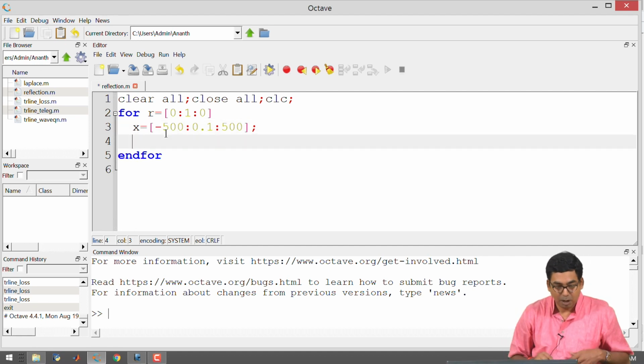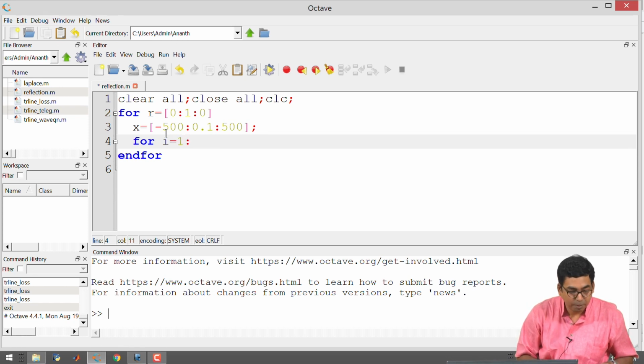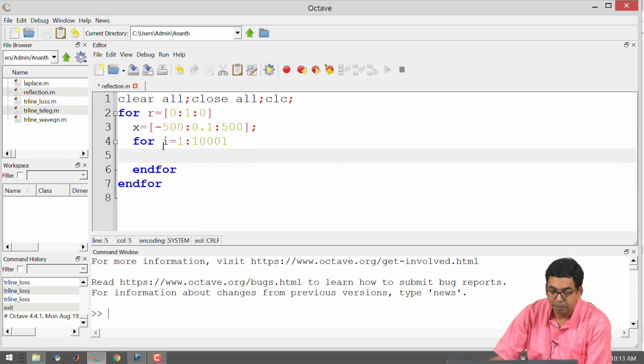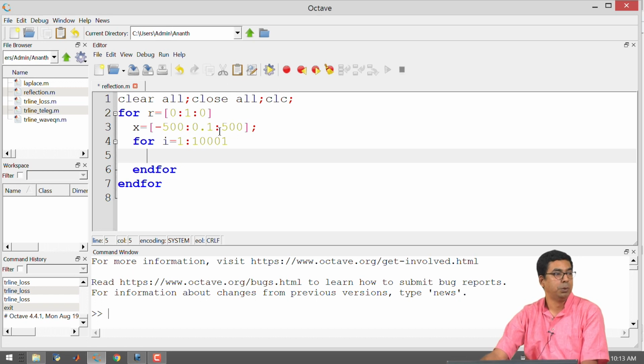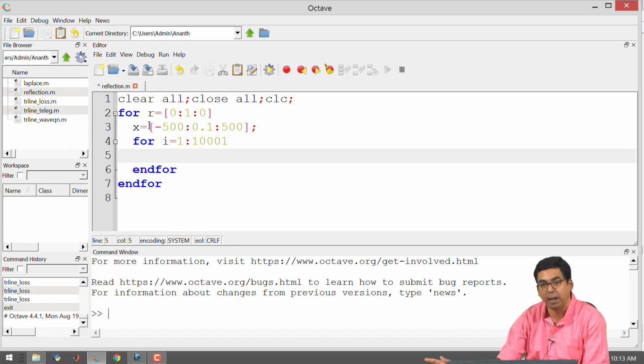Okay. And all I want to do now is, the reason I have picked a variable I equal to 1 to 10,001 is because I have minus 500 to 500 in steps of 0.1, and that corresponds to 10,001 points, and for every reactance value I would like to calculate gamma L, that is all.